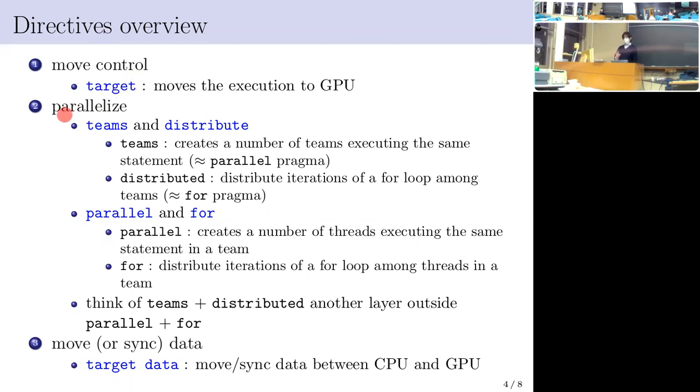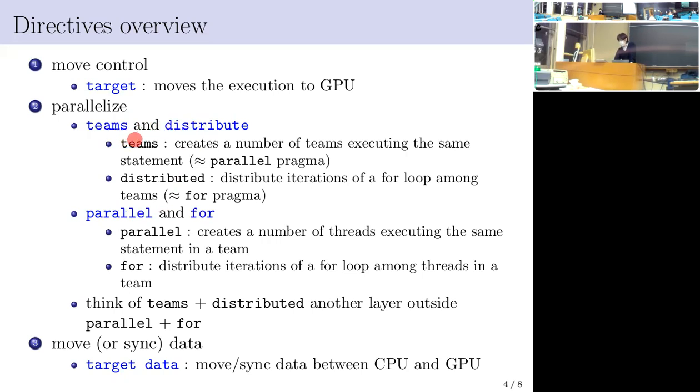You also need to parallelize something, and you have already learned parallel and for. These are for multi-core CPUs, but they are also usable for GPUs. But when you do things on GPUs, you need another layer of something similar to parallel and for. They are called teams and distribute.